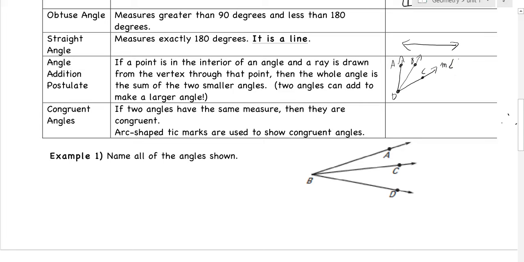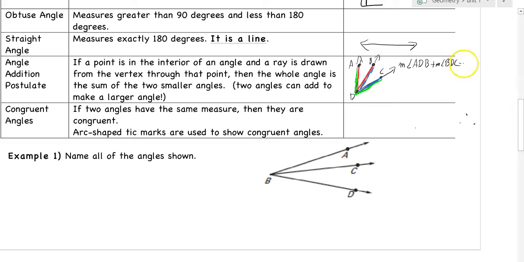So the measure of angle ADB plus the measure of angle BDC is going to equal the measure of the whole angle ADC.